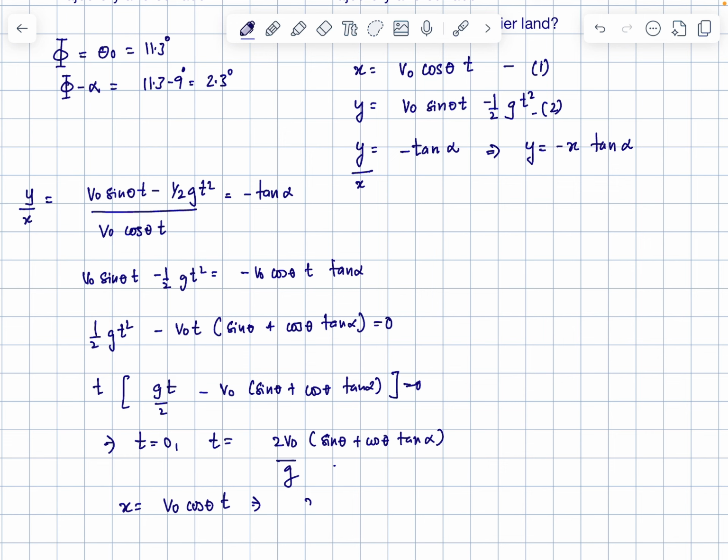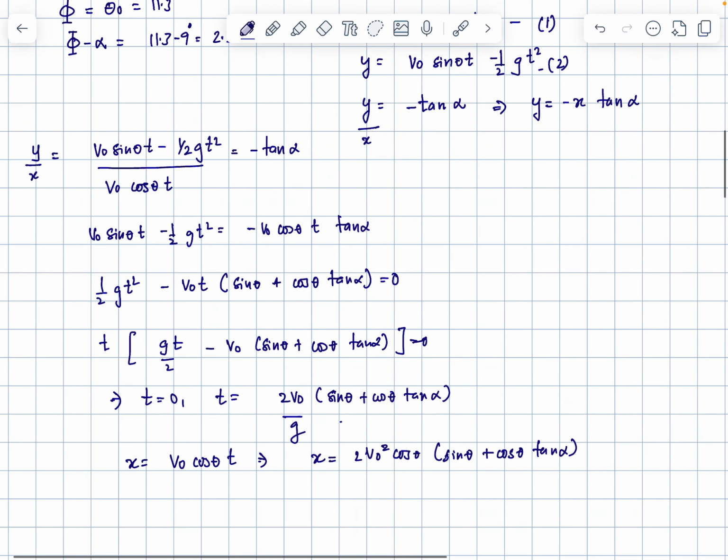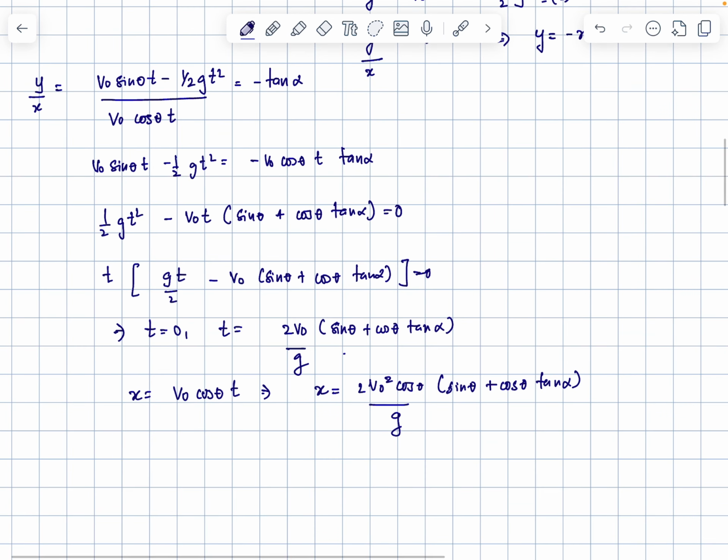Therefore, the distance traveled in the x direction is 2 v0 squared cosine theta times sine theta plus cosine theta tan alpha, divided by g. Okay, and the y here is negative tan alpha times x.